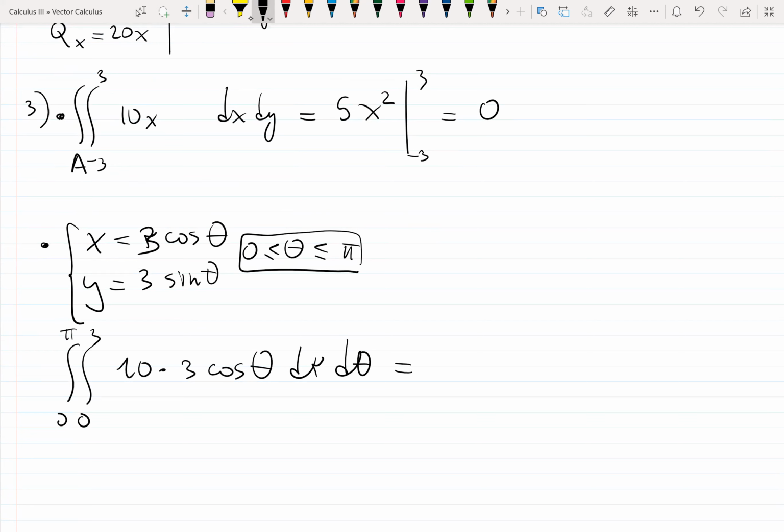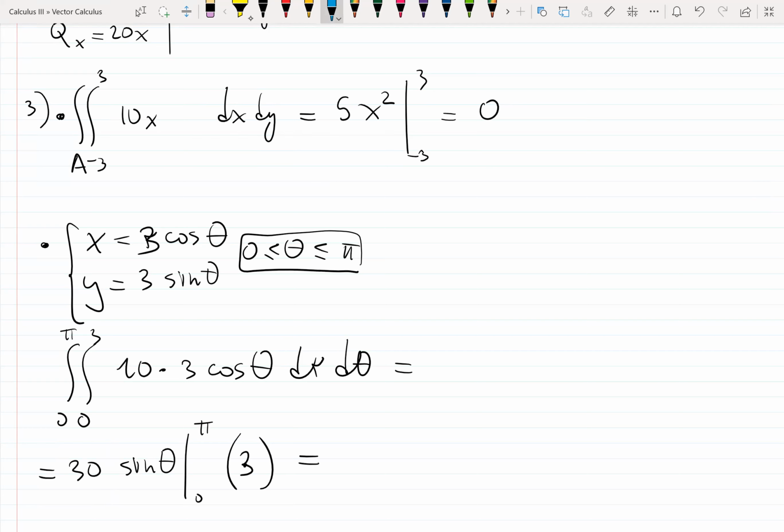Integrating that, the integral of cosine is sine, so it's going to be 30 sine theta. I still have one integral to go, from 0 to pi, times the integral with respect to r, which is just r from 0 to 3, so times 3. Professor, shouldn't it be r d theta? Oh, actually, yeah, you're right.